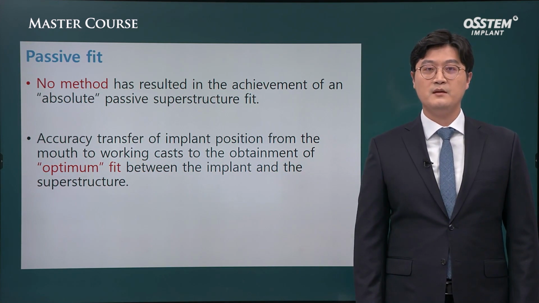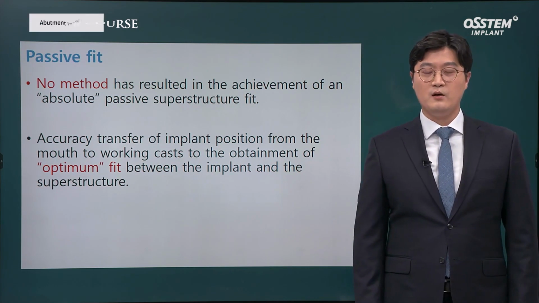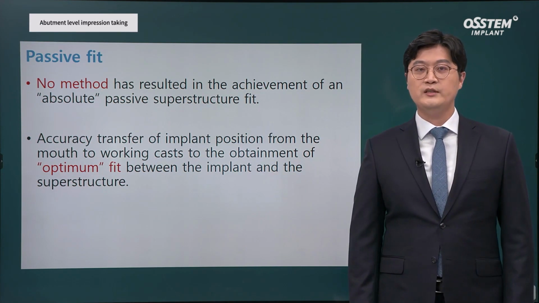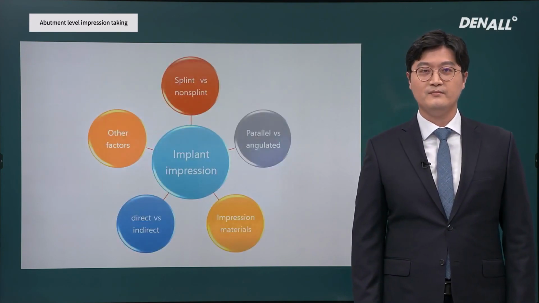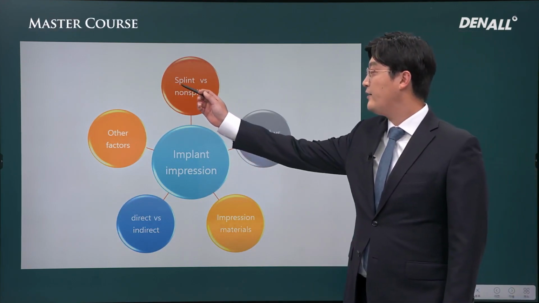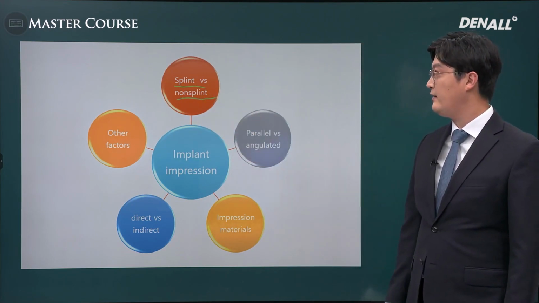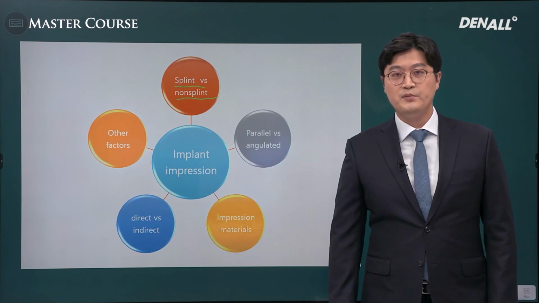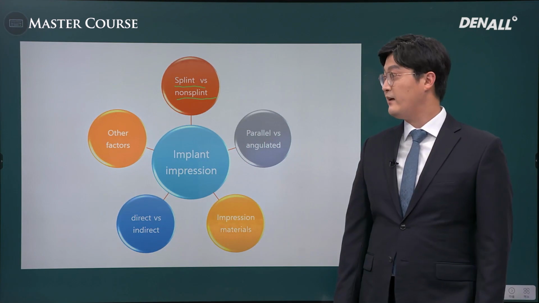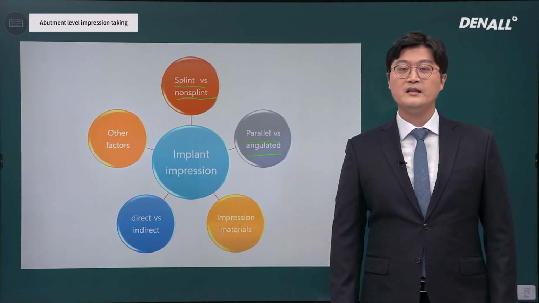According to articles, absolute passive fit cannot be achieved. So we need to aim for optimum fit. So at each step of implant procedures, we need to pay attention to it. And there are many factors associated with the implant impression. A single case has no problem, but when impressions need to be taken of multiple implants, whether implant impression copings are splinted or not can make a big difference in the result.